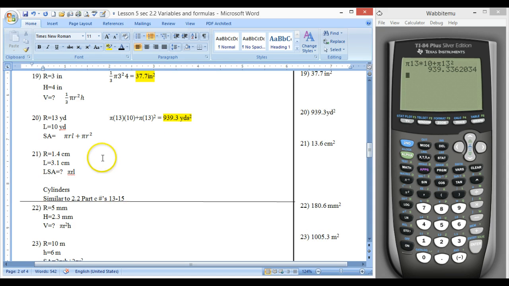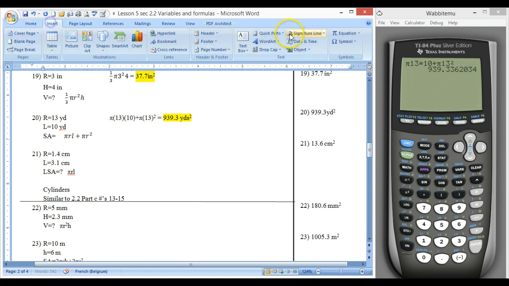This is the lateral surface area. So I have pi RL. That one's kind of a nice formula. We don't have a whole lot to do. So I'm going to insert, or if you're doing this by hand, just write down pi R. I'm going to do parentheses, 1.4, close parentheses.